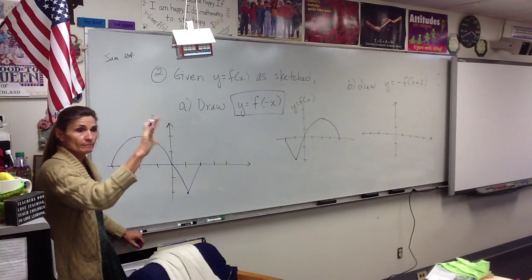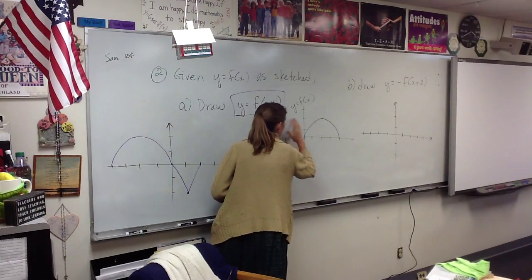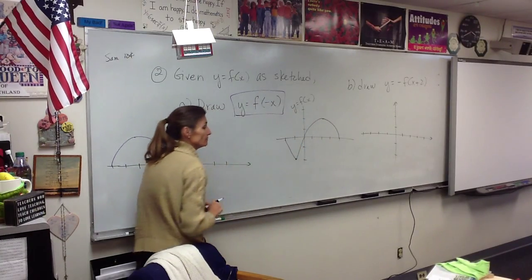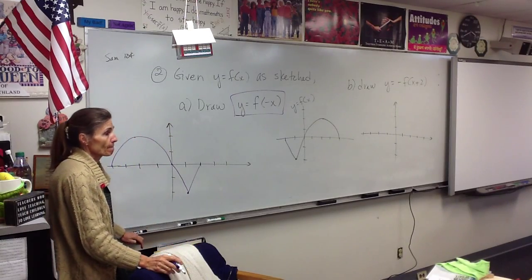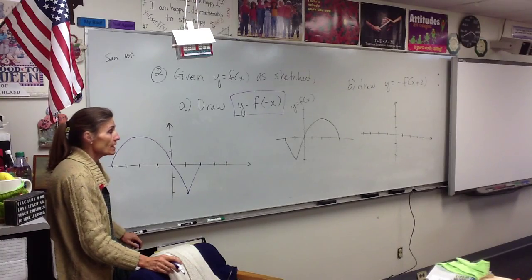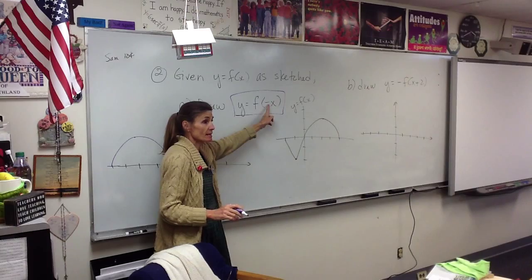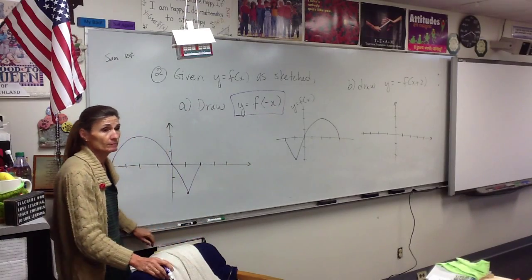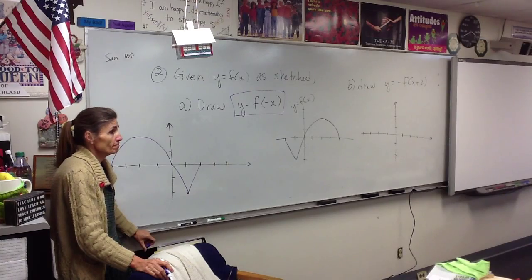What was on the left goes to the right and vice versa. That is easy if you remember how to handle that negative. So you've got to remember that. Okay?